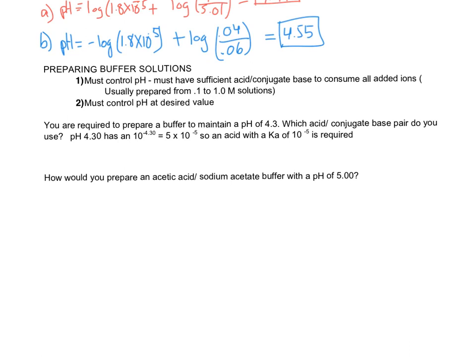There are two things that you need to consider here. It has to have enough buffer to resist changes in pH based on how much acid or base you're adding. And you need to pick a pH that would hold it at the desired pH.